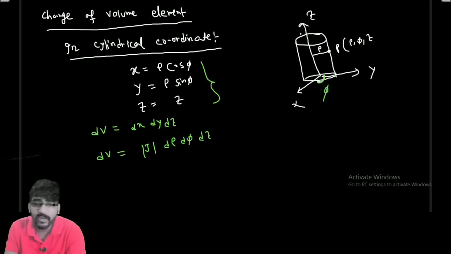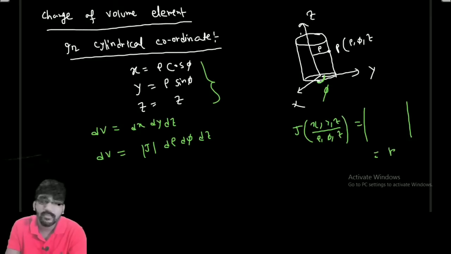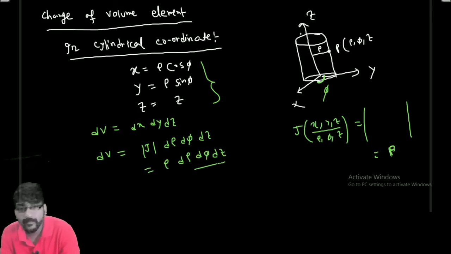If you calculate mod J here, which is the determinant of del(x,y,z) over del(rho,phi,z), you will get rho, not r, since I have taken rho here. So you will get rho d rho d phi dz.